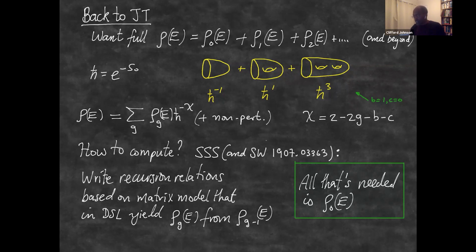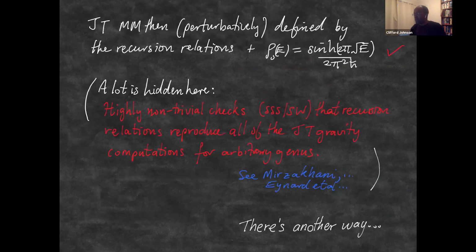And then the recursion relations essentially tell you all you need to know is the sphere level, sorry, the disk level, rho 0, which we already have from the Schwarzian. Then the recursion relations will essentially build the entire topological expansion for you. And so roughly speaking, that's what they did.